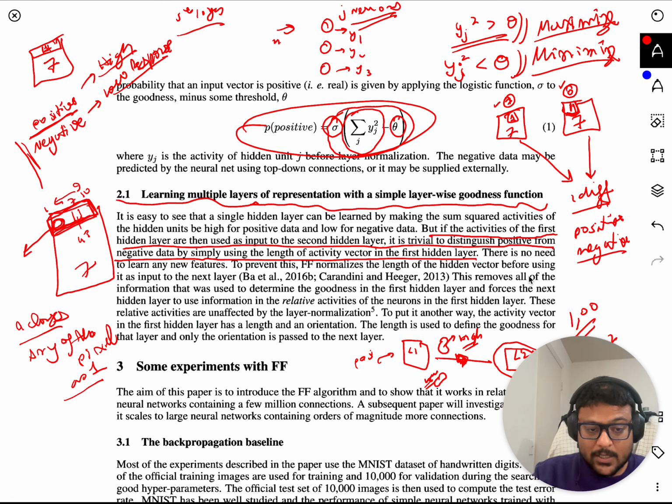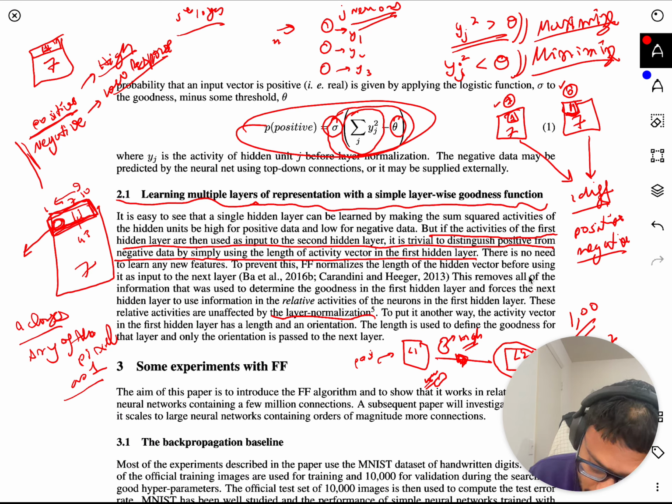So if you do that, whatever features you end up learning will actually not be very good. And that's why Hinton says he wants to apply layer normalization between the different layers in forward.